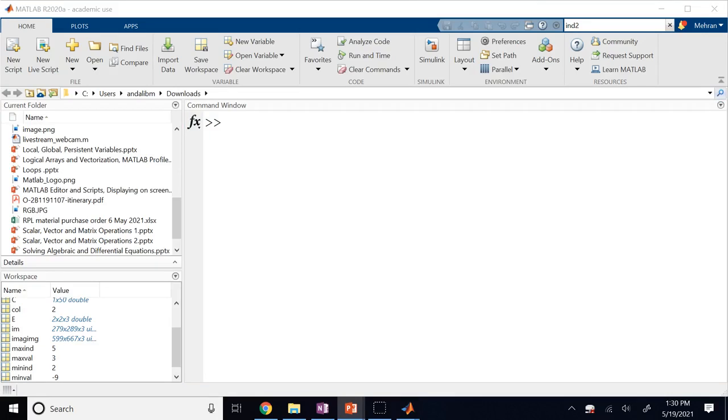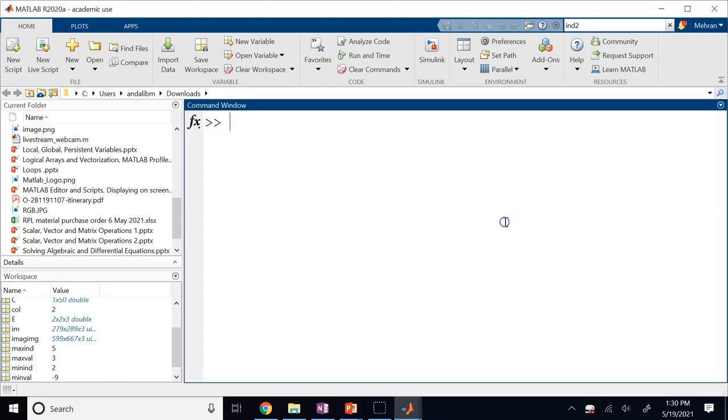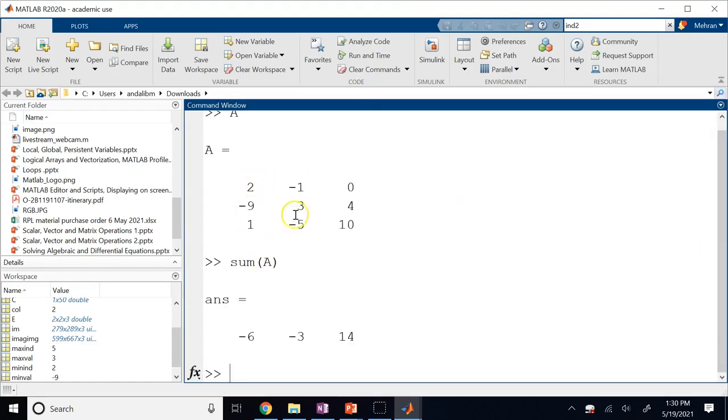If that was enough, we can finish this lecture. Actually, I found just one more thing, and I want to tell you that. I feel so bad if I don't. Remember, I told you if I run sum on A, it does it column-wise, correct? Now, sum can actually take a secondary input.